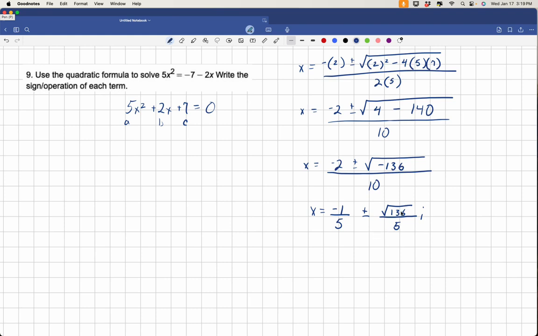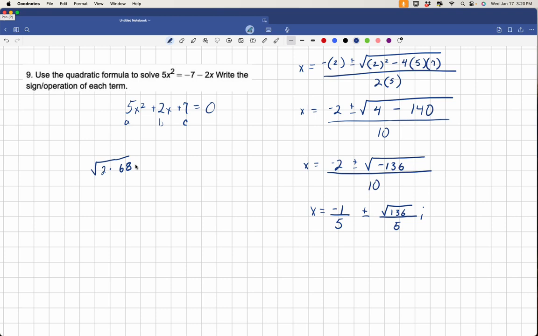So let's see if we can factor this any, just to see if we can reduce it. 136 is going to be 2 times, oh goodness, 136 divided by 2 would be 68.